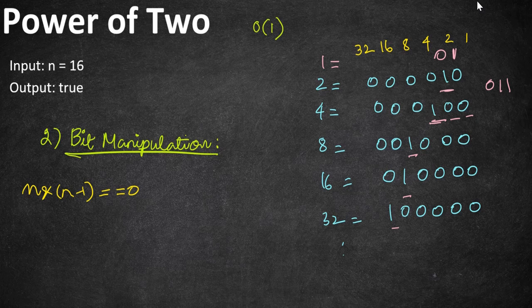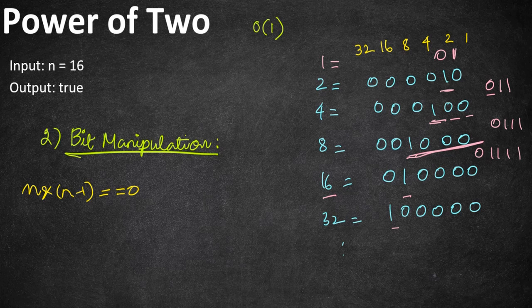Wherever there is a 1 there will be a 0, and wherever there are zeros there will be ones. Same goes with 7, which is 0, 1, 1, 1, just the inverse of what we have for 8. Similarly for 16, 15 is represented as 0, 1, 1, 1, 1, and so on.